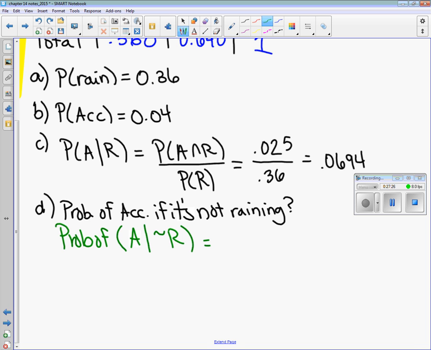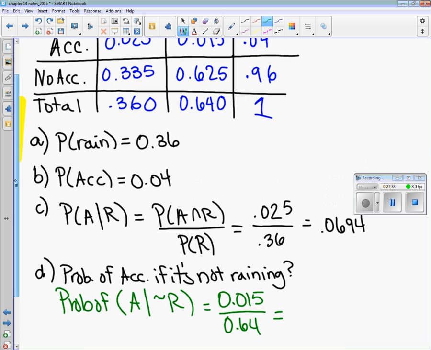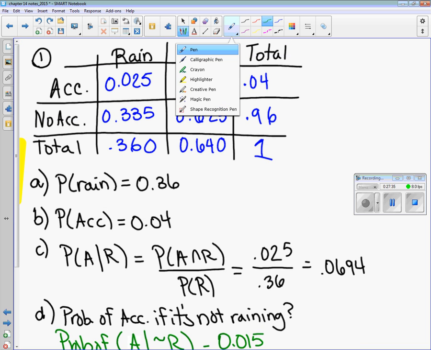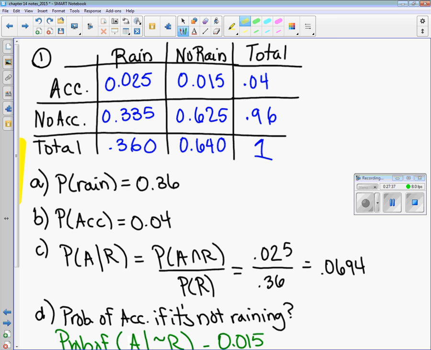It's 0.015, right? Notice what's important here. The given that is the no rain. So we're looking at this column, which means all of the numbers should come from that column. The denominator is the total of that column, and then I'm looking at the not rain, so that's my numerator. If that helps you, then go ahead and highlight it.